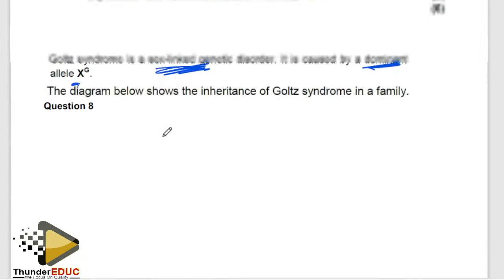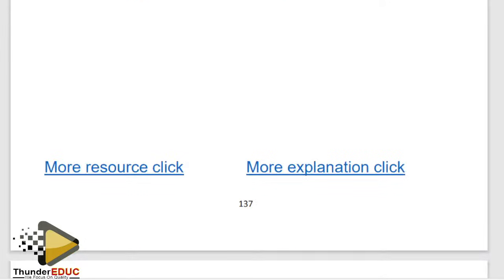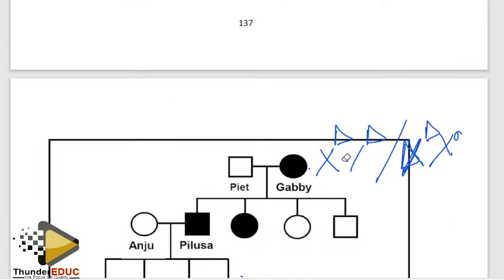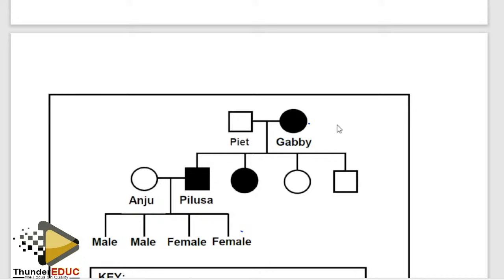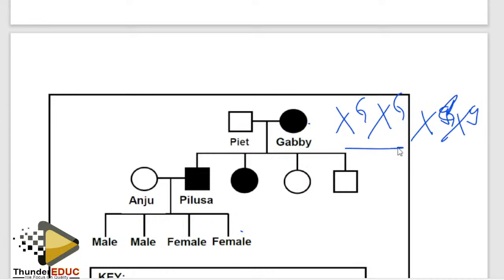Is it capital D? No, they used G. Sorry guys, they used G. Please use the letter they have given you. Don't just use what you think is correct. Therefore, it's going to be X capital G, X capital G, X small g, no, capital G, and X small g. Now I need to find out, what about this one?